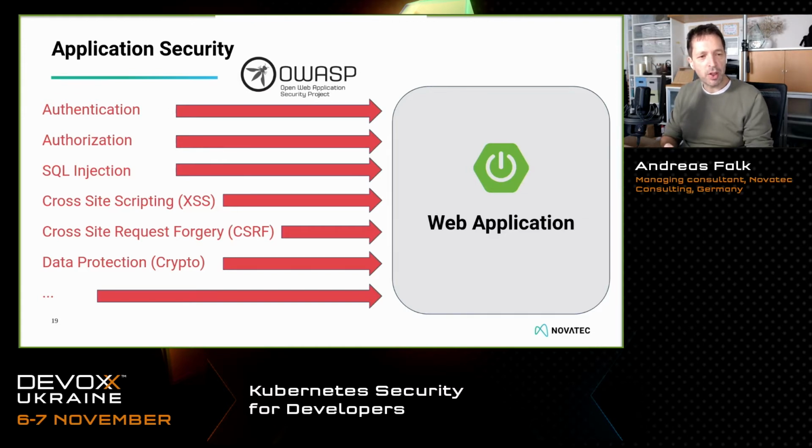Then still the number one of the OWASP top 10 list is the injection part, like the SQL injection. It is still number one, not because it's the most spread problem, but because it is still the most critical problem. By just having one SQL injection in your web application, an attacker could possibly take over your whole database cluster, and can then jump from the database cluster to the next server.